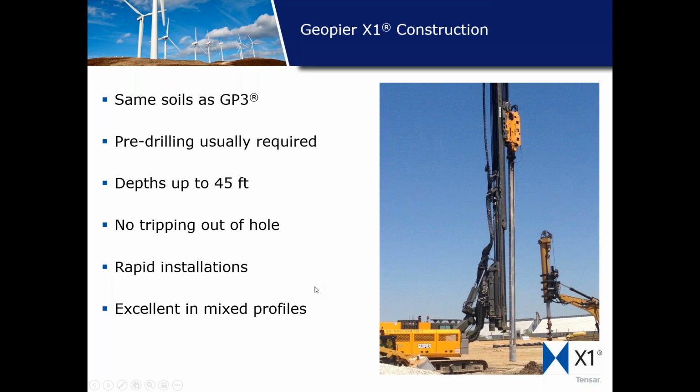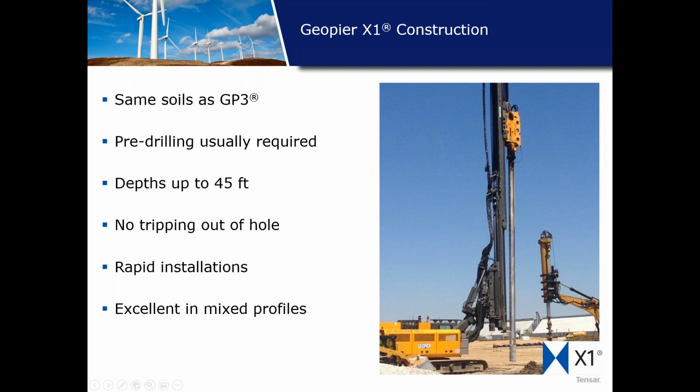One added bonus is it works in a mixed profile. So on occasion, we run into sites where we have, let's say, 10 feet of soft clay underlain by 5 feet of loose sand. That's below the water table. And we go, oh no, we might have a caving issue. We could switch to impact, but there's maybe some less efficiencies there.